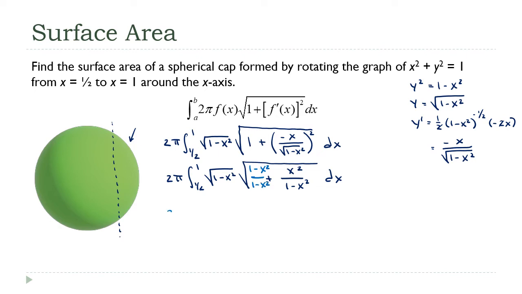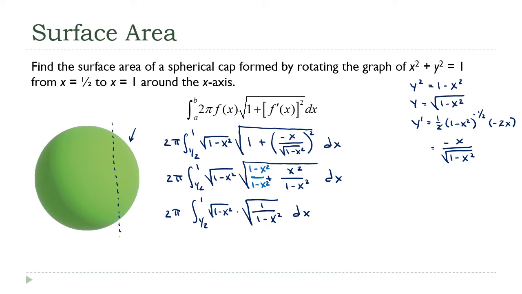So my next line will be 2 pi integral 1/2 to 1 square root of 1 minus x squared times the square root of, that's just going to be 1 in the numerator, so it's 1 over 1 minus x squared, dx.